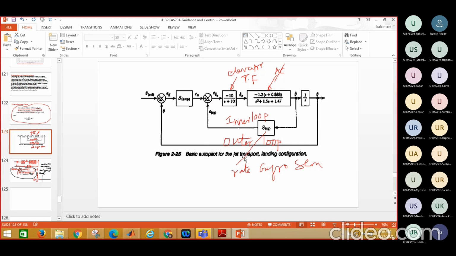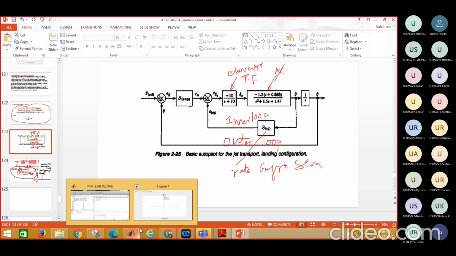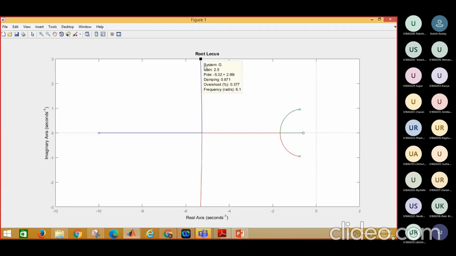Okay, so now I will sketch the root locus for the inner loop. Then I select my rate gyro sensitive value, the gain value say 2.5. At that time my damping is 0.871. So the inner loop has higher damping. Why do we need the inner loop to have higher damping?